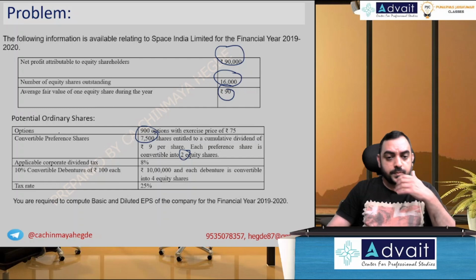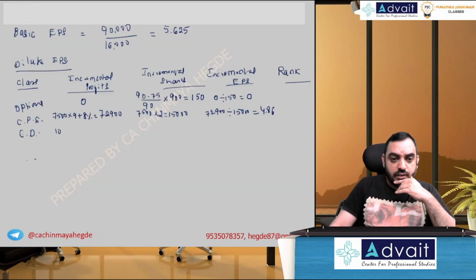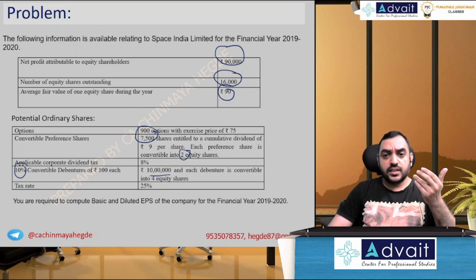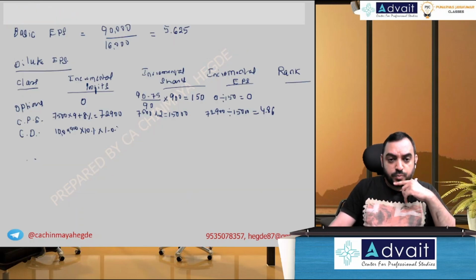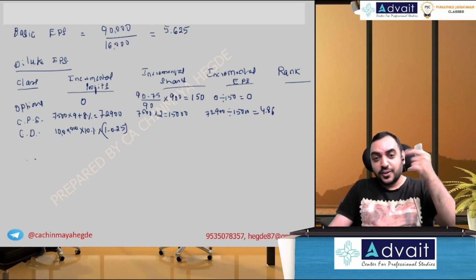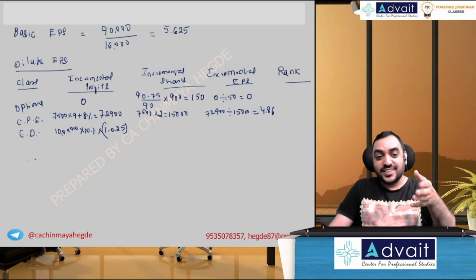Convertible debentures, 10 lakh, rate of interest 10%. So 10 lakh into 10% and after tax. When you save interest expense, your profit will increase, and you have to pay tax. Tax rate 25%, so 1 minus 0.25. For dividend, it was 1 plus 0.08. For preference shares, I did 1 plus the tax rate because tax is also saved, whereas for debentures you reduce tax.